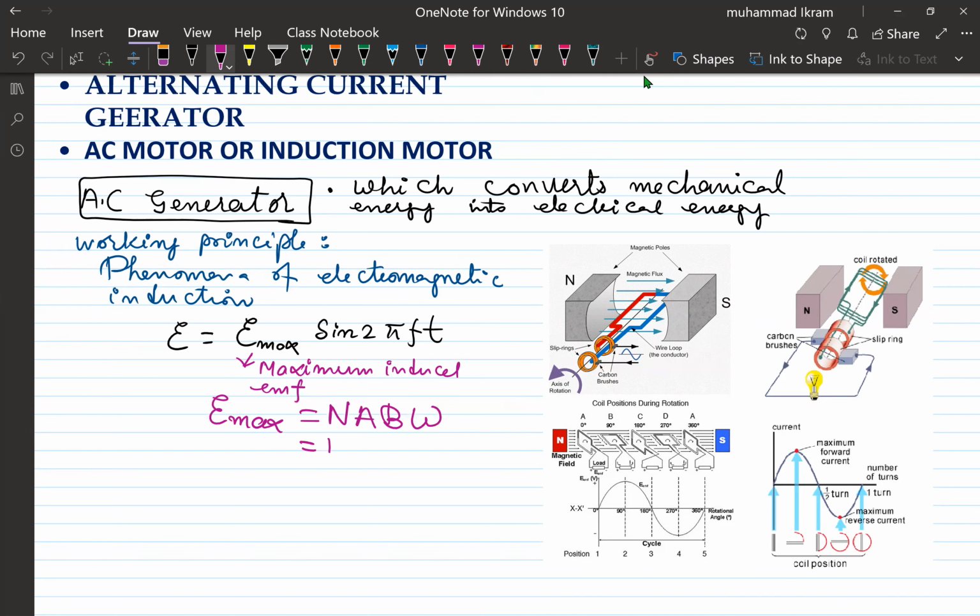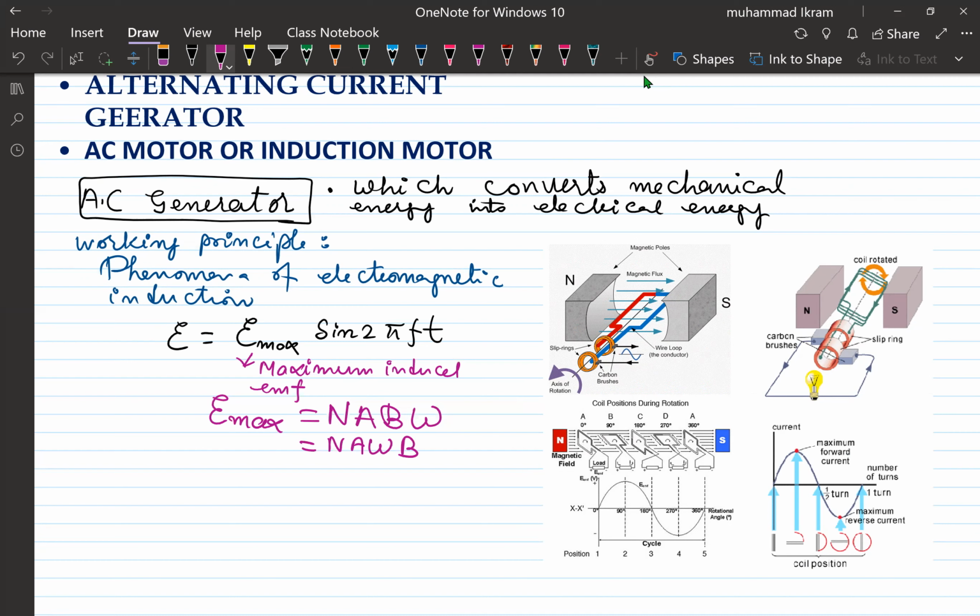You remember this, and you know this is all constant. Therefore, any generator has a fixed, constant maximum value for the induced EMF.